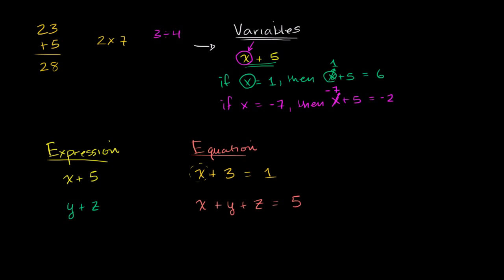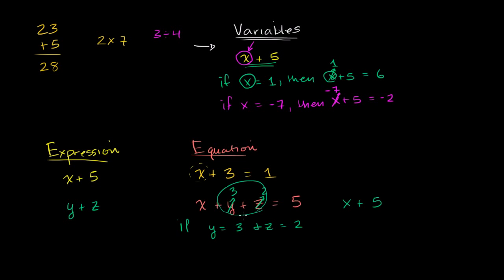So for example, if we said y is equal to 3 and z is equal to 2, then what would be x in that situation? So if y is equal to 3 and z is equal to 2, then the left-hand expression is going to be x plus 3 plus 2, which is x plus 5.